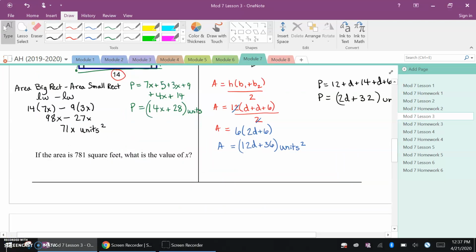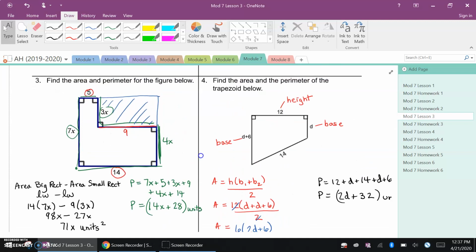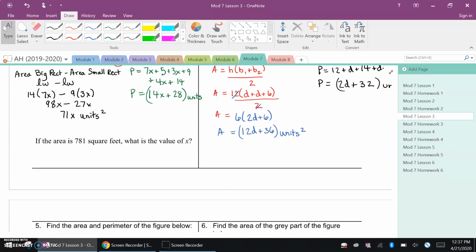Okay, and I didn't realize that we had an extra question down under number 3, so we're going to go ahead and address that now. Sorry about that. It says, if the area is 781 square feet, what is the value of x? So we know that the area is going to be 71x, so we're going to let 71x equal 781, and then we're just going to solve that as a one-step equation.